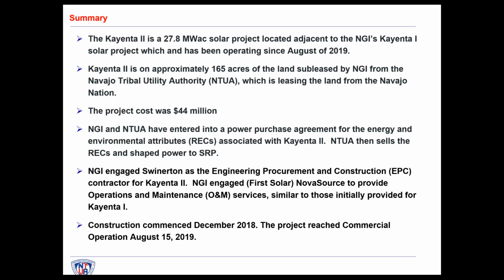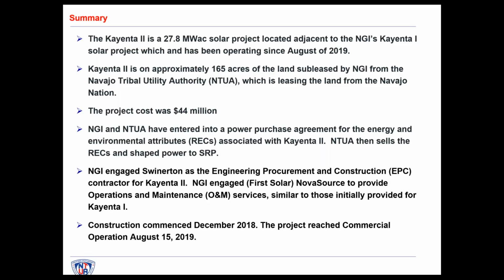All the attributes go to SRP, but the energy is shaped. The energy is shaped to a form that conforms to what SRP needs, not necessarily the output as it comes out of the solar plant, which is a little bit unique. It works very well for SRP and actually works for NTUA too.